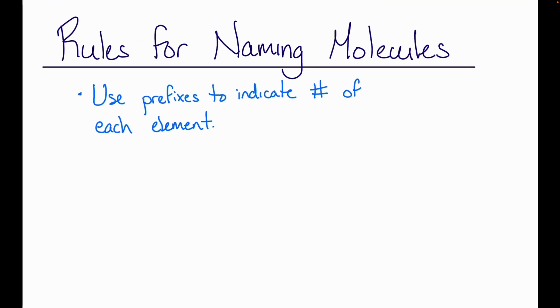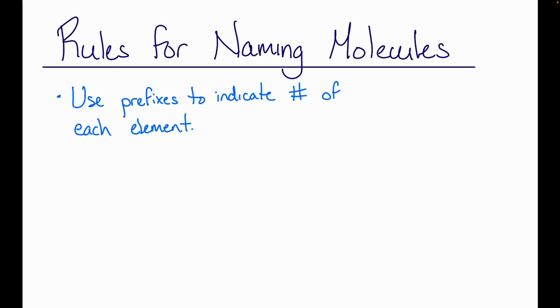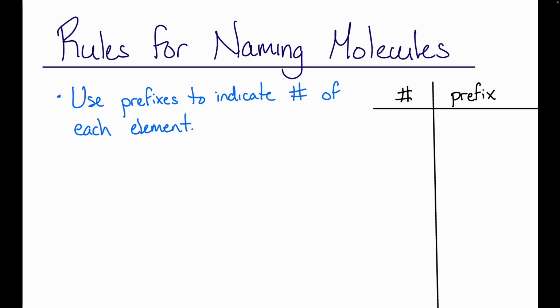These are either Latin or Greek, but I couldn't tell you which ones. But we're going to learn these prefixes that indicate the number of atoms in our covalent compounds. So we're going to make a little cheat sheet here. We're going to have the number of each atom, and then the prefix that we use. And we're going to go all the way up to 10 here.